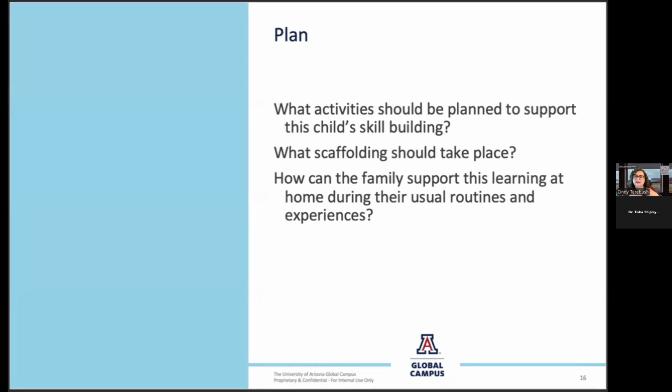We need to plan activities to support the child's skill building in fine motor. So I might plan activities using Play-Doh and sculpting. I might plan activities using tweezers. I might plan activities where we would have the children ripping paper to make a collage. I'm not going to give them scissors again for a while, because I want them to practice using those muscles and that coordination and see where it ends up.